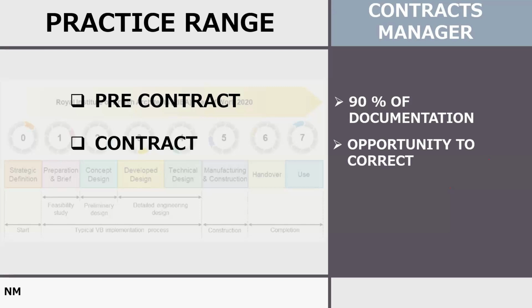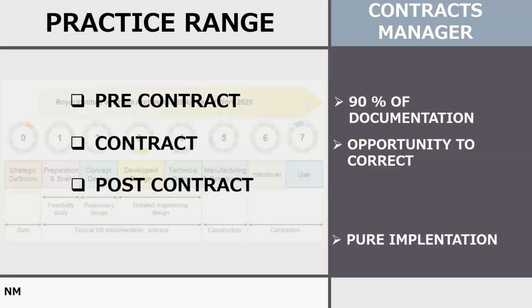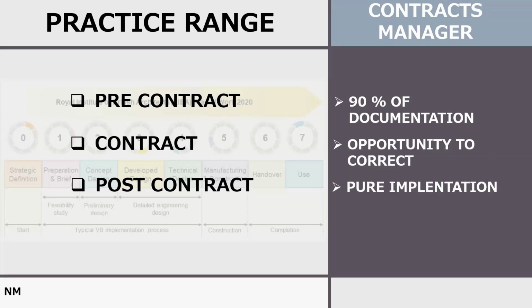So this is a very golden second chance, I may say, to eliminate a lot of issues that are going to happen in the post-contract stage. So the practice of proper contracts management at this stage is also very, very critical. Then if you go to the post-contract, that is pure implementation. Whatever terms, obligations and rights you agreed upon at the time of making the contract, now we have to put into action.